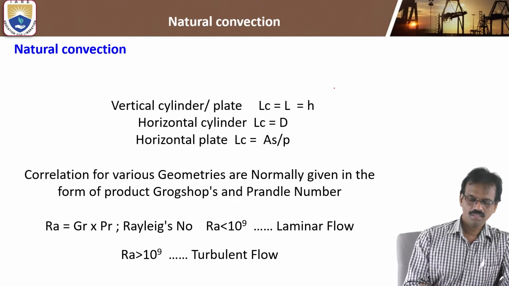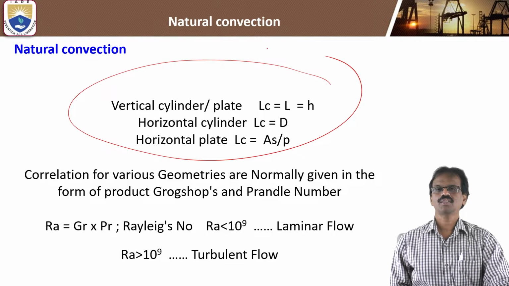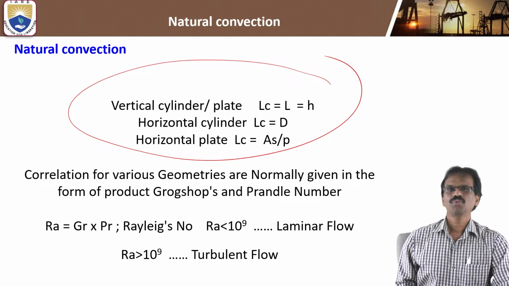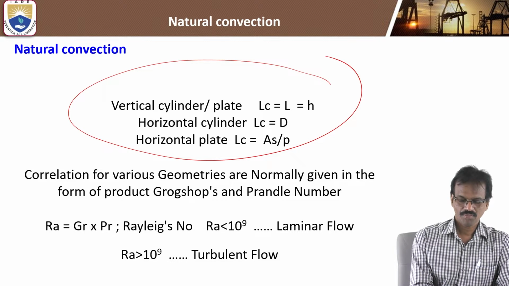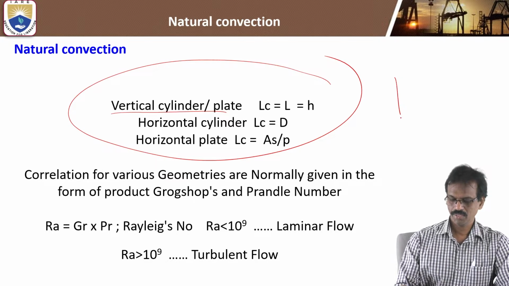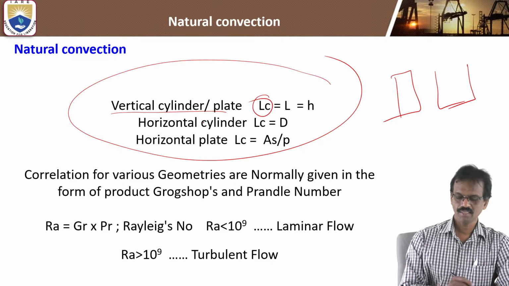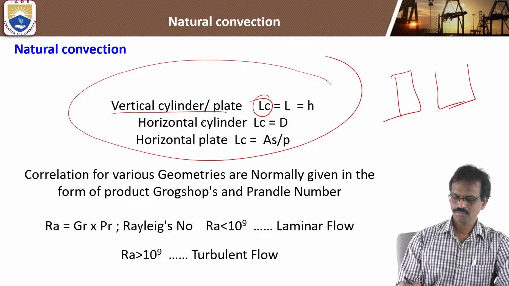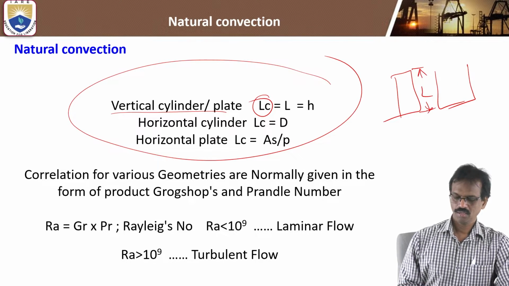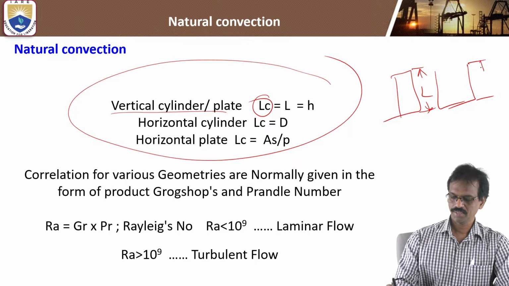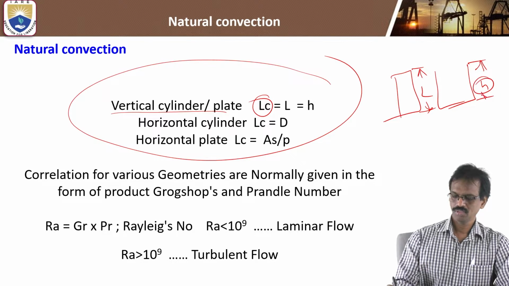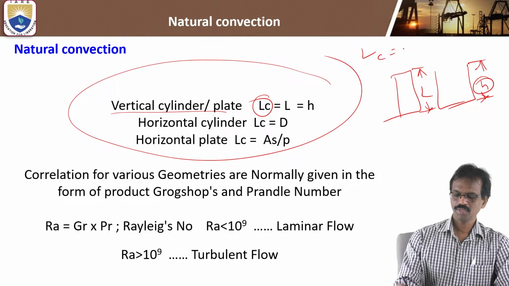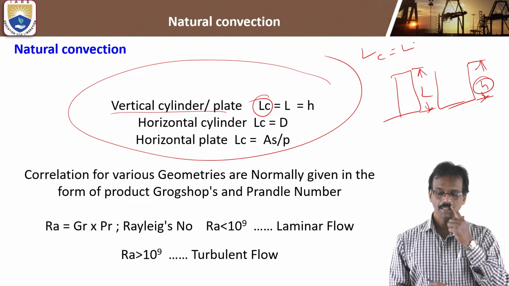Here you can see three types of geometrical construction. If the flow is passing over a vertical plate or a vertical cylinder, then the characteristic length Lc is the length of the plate or the height of the cylinder. For the rectangular plate, the length will be the characteristic length.